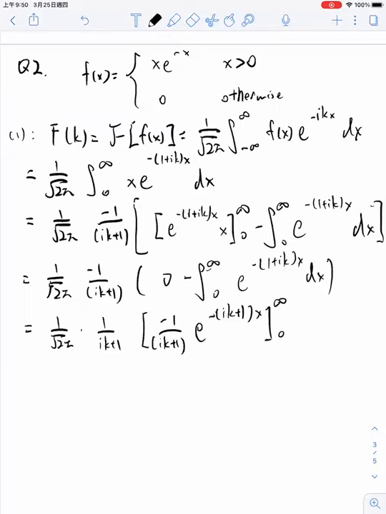Where x is infinity it is equal to 0, and where x is 0 it is equal to 1. So the final answer of this part is 1 over square root of 2 pi times 1 over (1 plus ik) squared. So this is the first way to do it.